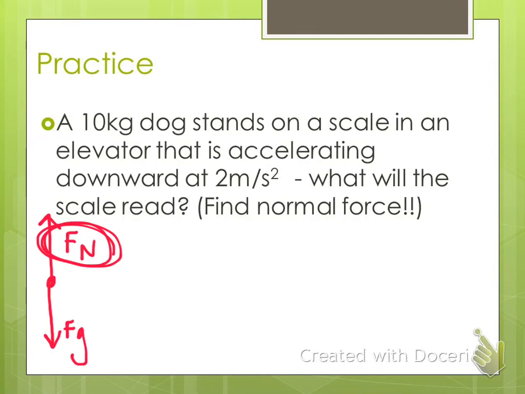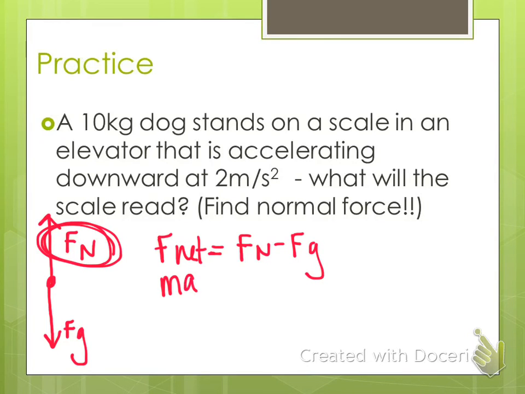10 kilograms doesn't matter yet. It will when we look into our equation, because what's our overall goal here? To find Fn. Find the normal force. So let's set up our F net equals what minus what? Fn minus Fg. Good, Fn minus Fg. So now we can do our substitutions.